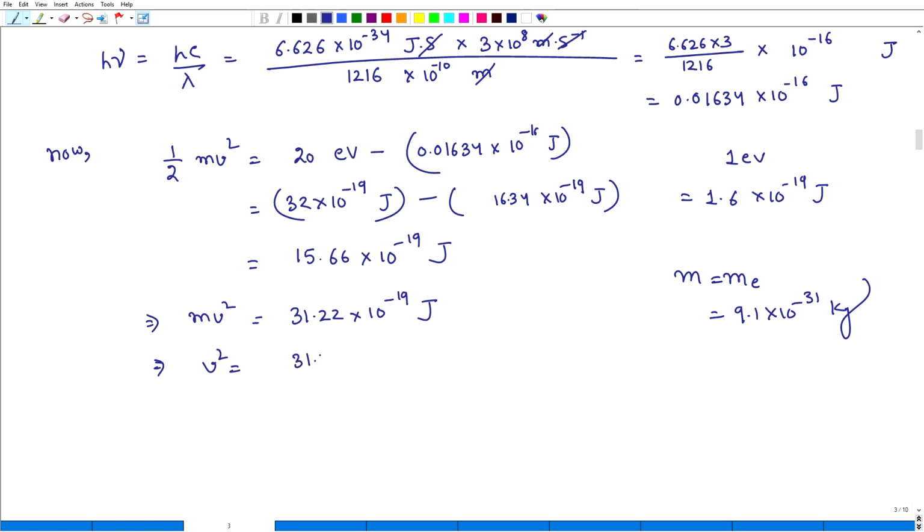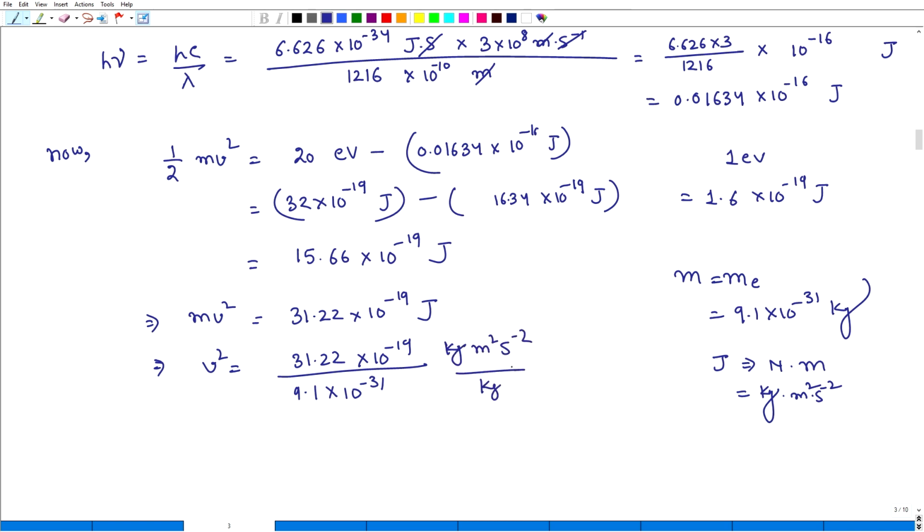The unit is joule per kg, and joule is energy, meaning Newton meter. Newton is kg meter per second square, so the unit is kg meter square second to the power minus 2 divided by kg. The kg cancels out, leaving meter square second to the power minus 2.